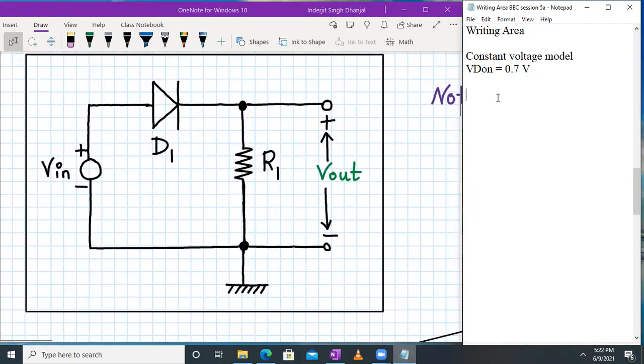So in this circuit, what do you think? When will the diode turn on? It's very straightforward. Whenever V in is greater than VD on, then we can say that the diode D1 turns on.